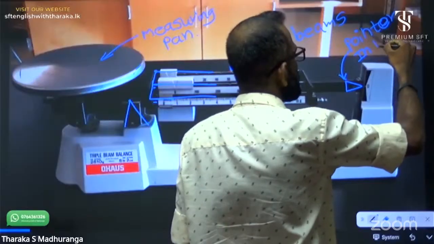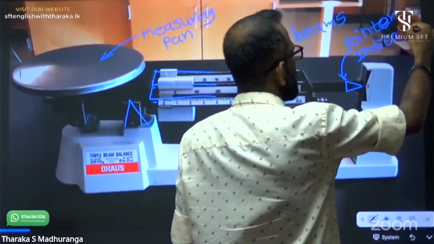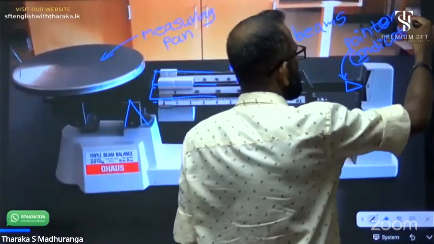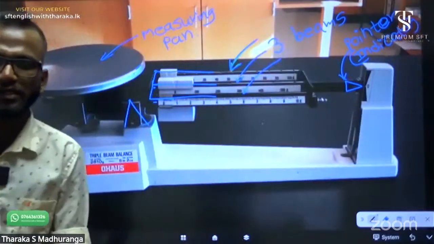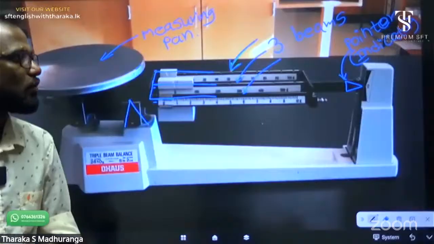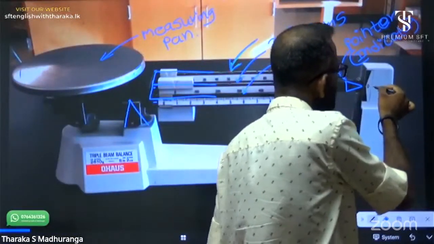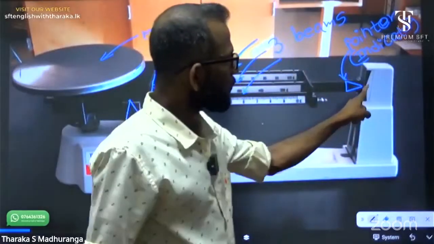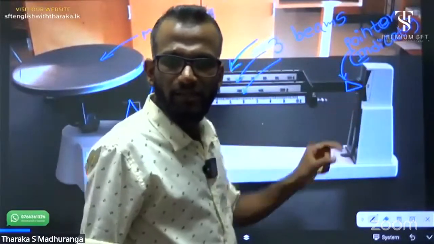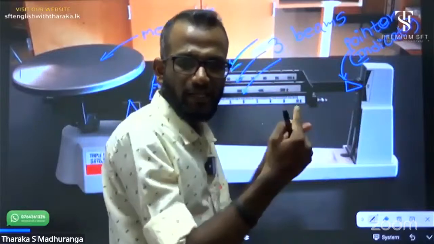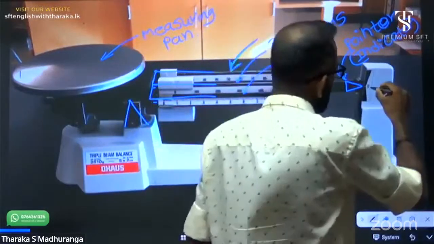Both are correct. Then you can see the zero value with a small dash line, which we call the zero mark.